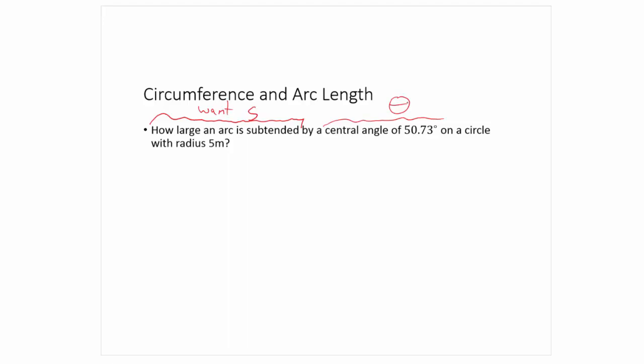If we think of our formula on the previous slide, it told us that theta was to 360 degrees as s was to c. We need the circumference. Well, just remember that the circumference is 2 pi times the radius.